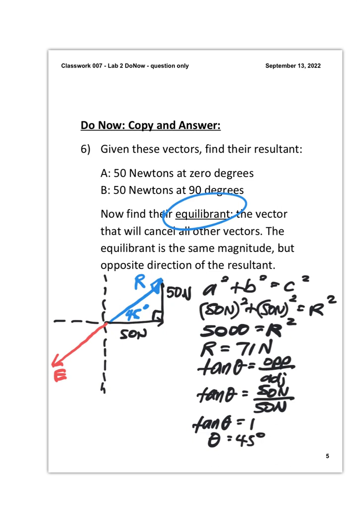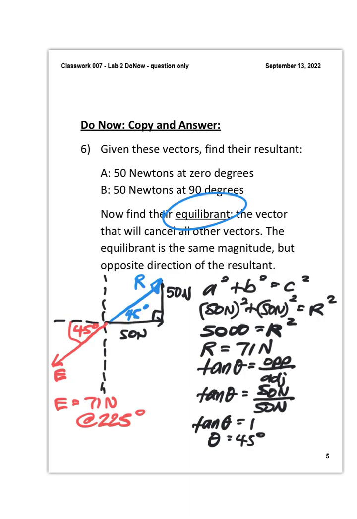Call that E for equilibrant. E would be the same amount, 71 newtons, but the angle, 45 as a reference angle, plus 180, so the equilibrant would be 71 newtons at 225 degrees. So there you go.